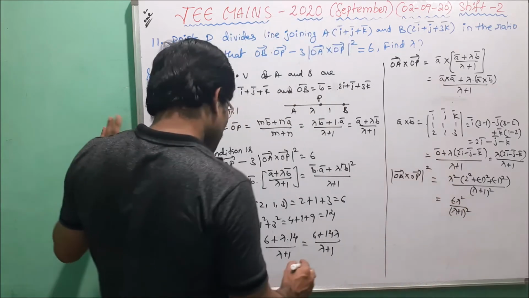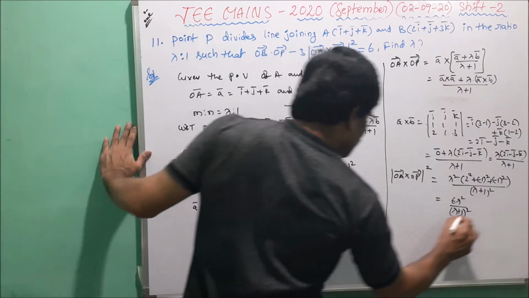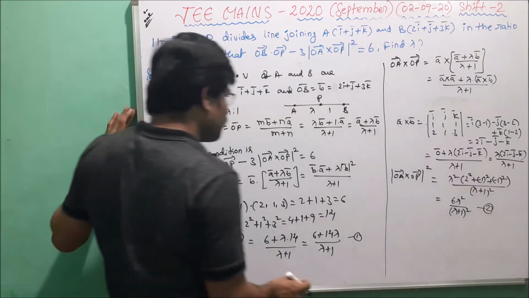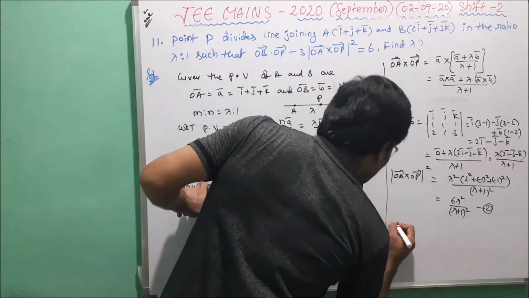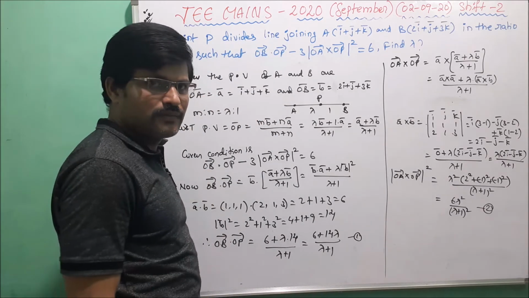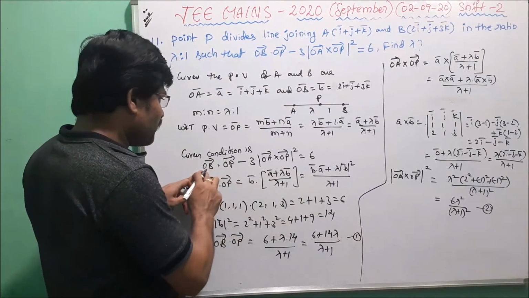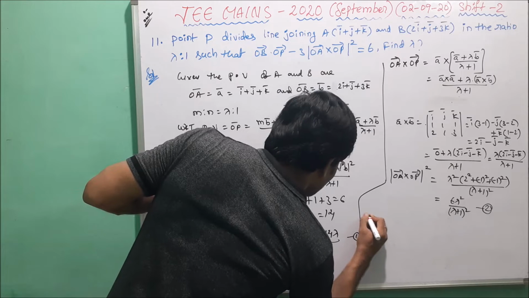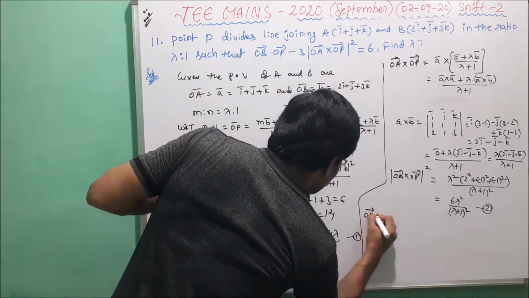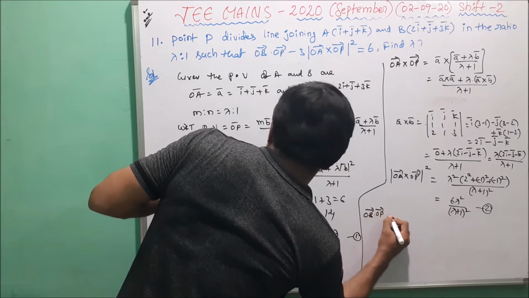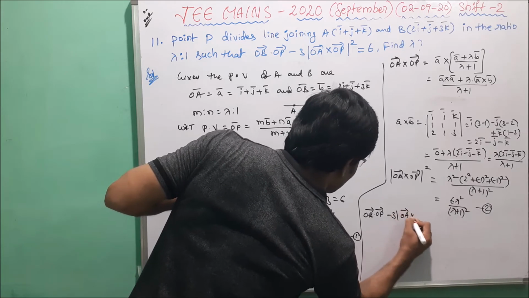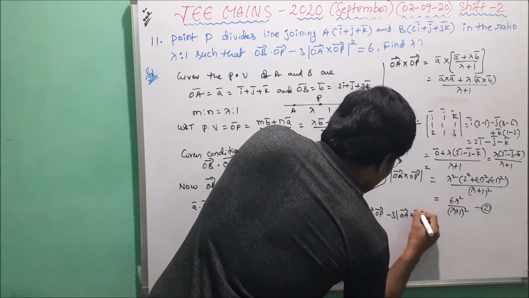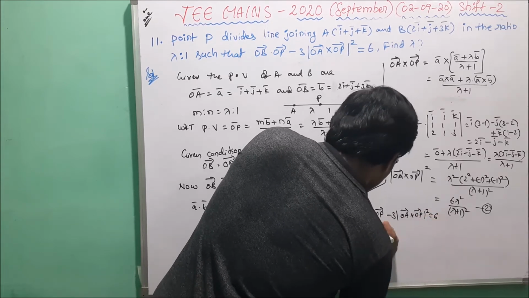This is equation 1, this is equation 2. These two values will be substituted in the given condition. Now substitute the values: OB bar dot OP bar minus 3 into mod OA bar cross OP bar whole square equals 6.